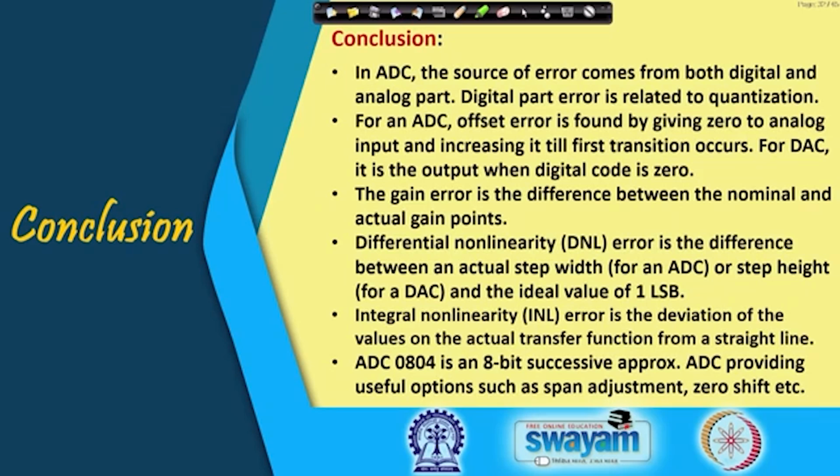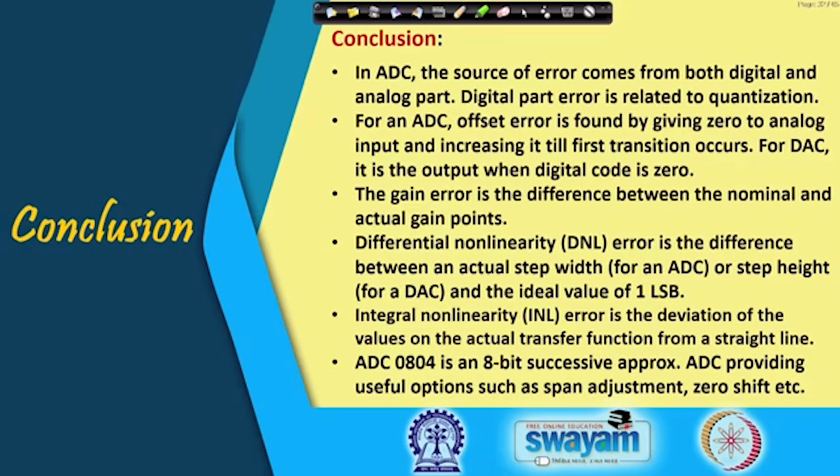The gain error is the difference between the nominal and actual gain points, and we have seen how it is calculated for both ADC and DAC. DNL error is the difference between actual step width for an ADC and step height for a DAC and the ideal value for one LSB.